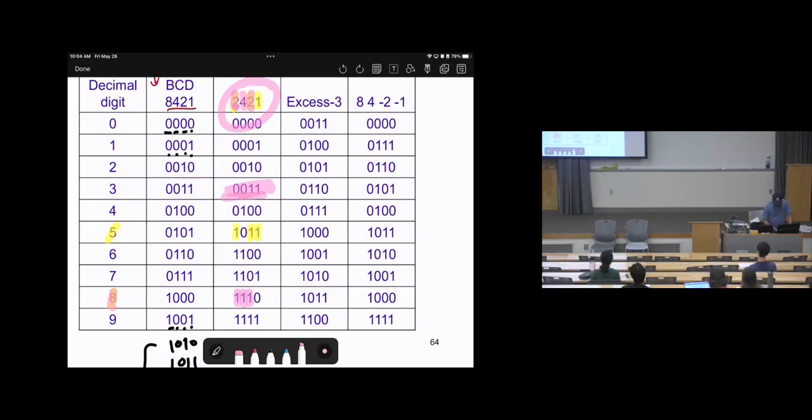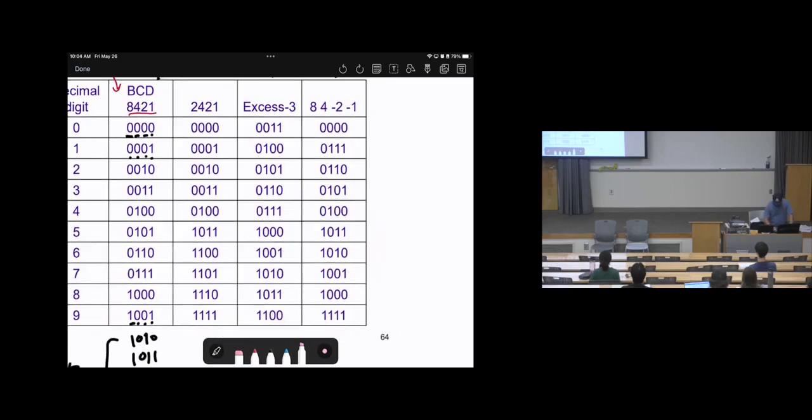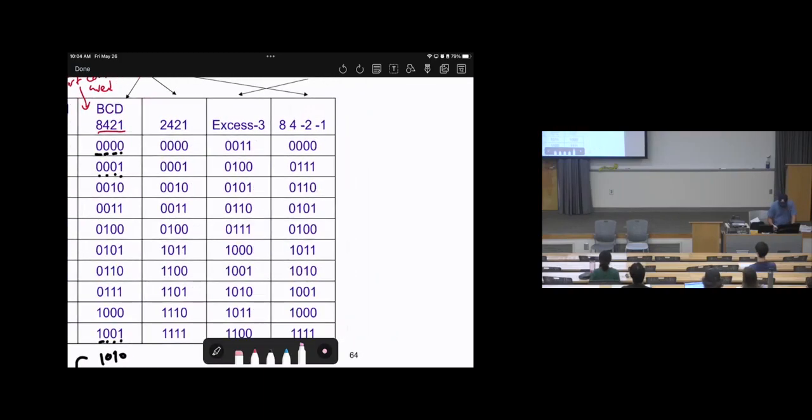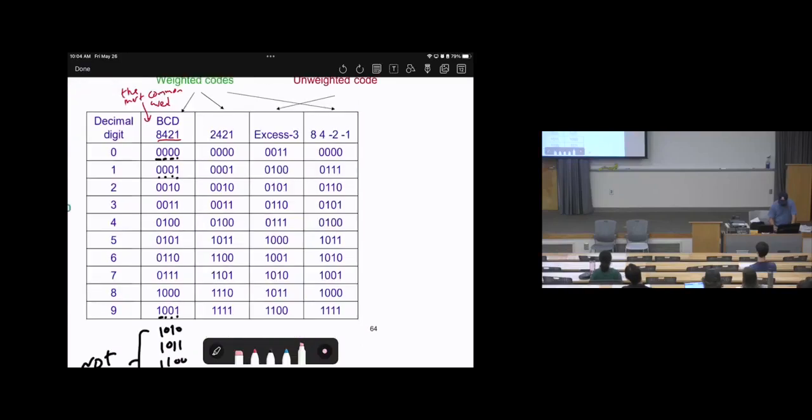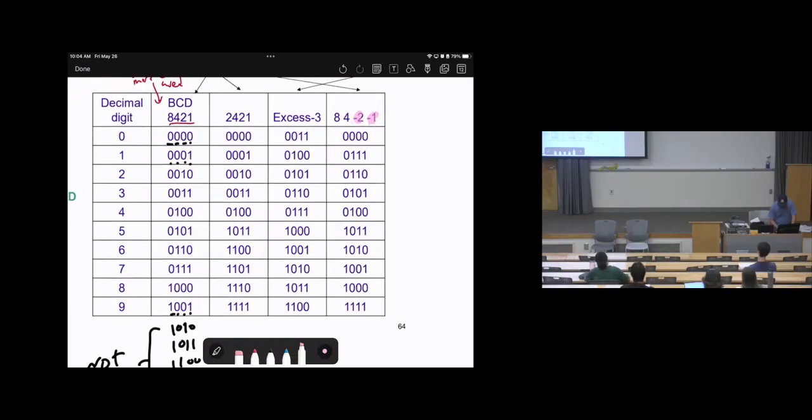Okay? So this is another code. This is just like the programmers choose this. So we have the normal BCD, and we have the 2, 4, 2, 1 BCD. And there is also another set of weights in negative. Now this is different. So we see here the weights are negative. What does this mean? Let's look at number 1.